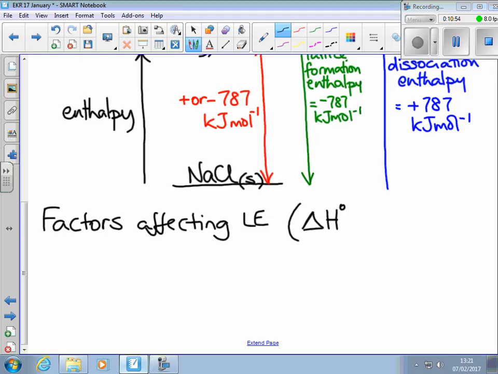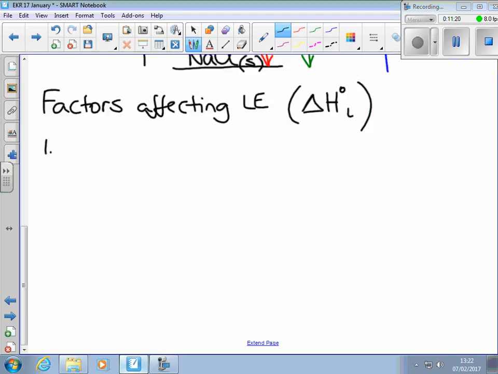You'll sometimes see an L, you'll sometimes see LATT, but that would work for lattice enthalpy. It's just easier to write LE, to be honest. The first thing that affects how big these numbers are is the charge on the ions.